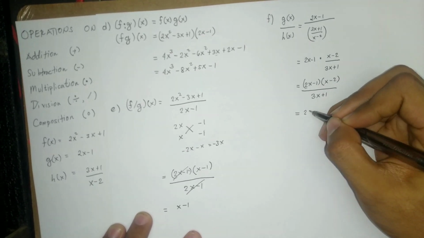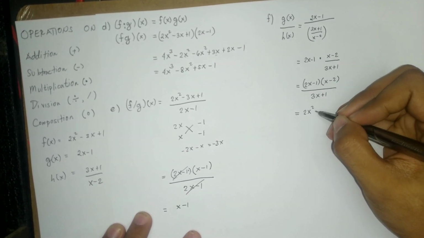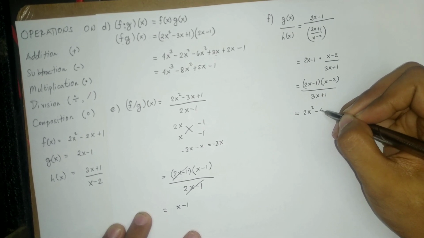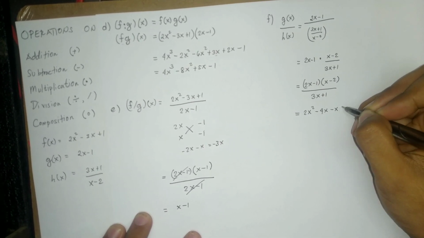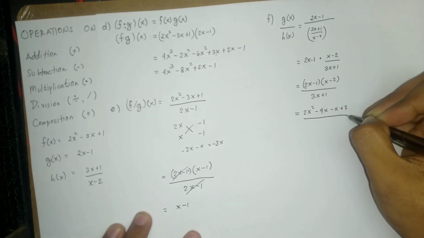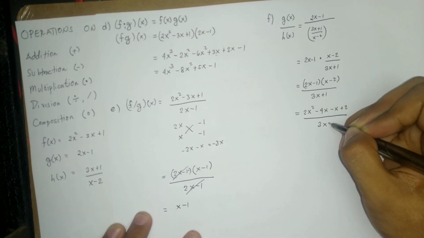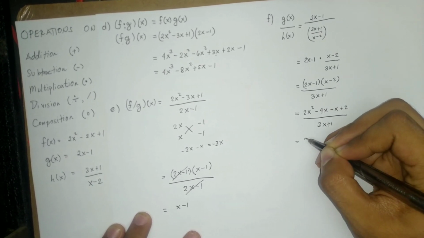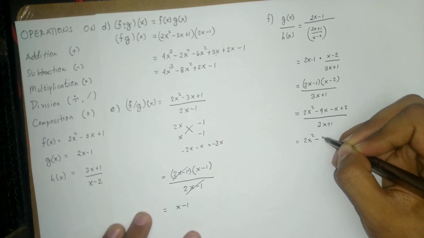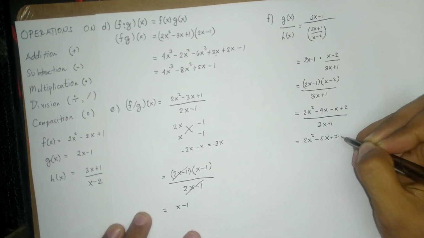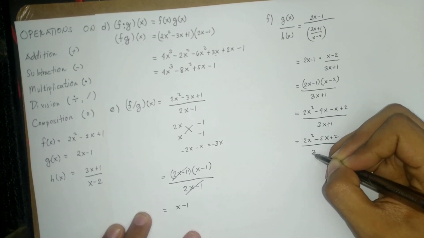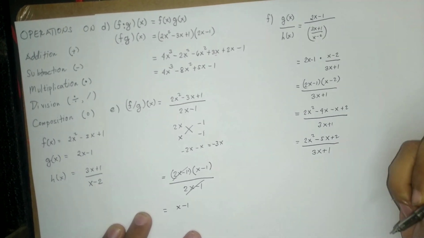So that gives us 2x squared minus 4x minus x plus 2 divided by 3x plus 1. So 2x squared minus 5x plus 2 divided by 3x plus 1. That's it for this video.